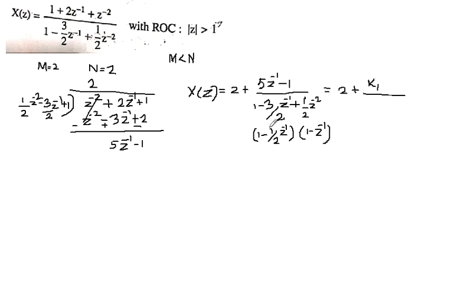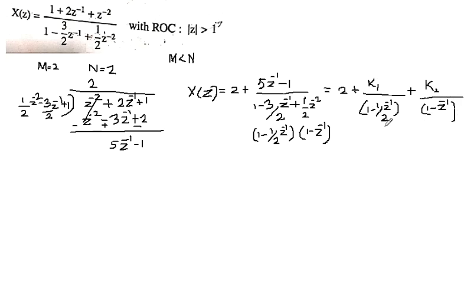So we can write k1 divided by 1 minus 1 by 2 z raised to minus 1 plus k2 divided by 1 minus z raised to minus 1, because two roots are there.